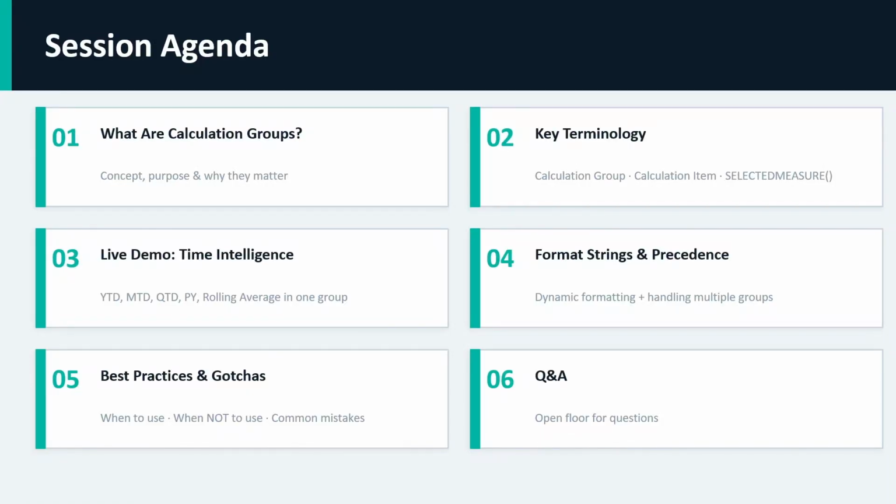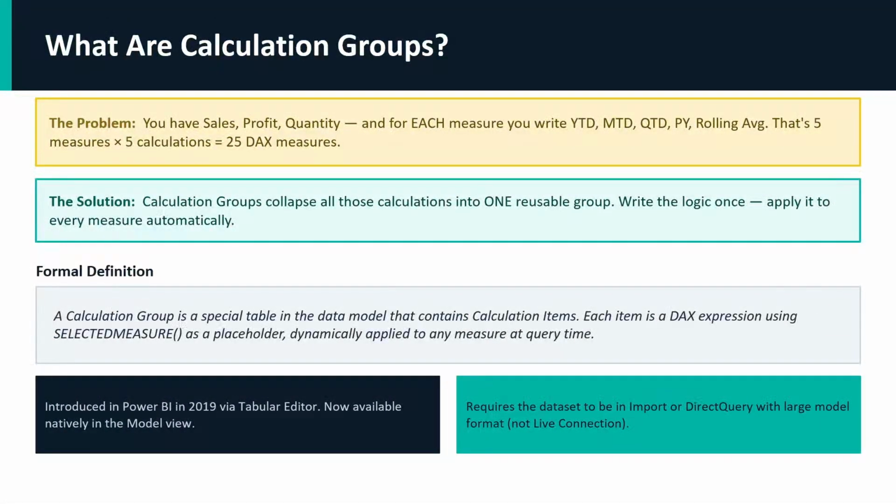Let's start with what are calculation groups. Let me paint a picture for us. Let's say your Power BI model has 5 measures. It has something like sales amount, profits, gross margin percentage, total orders. In fact, it even has average basket size for more complex stuff.